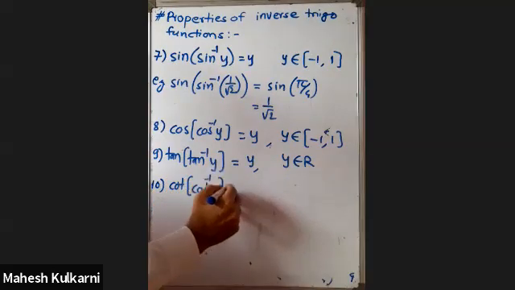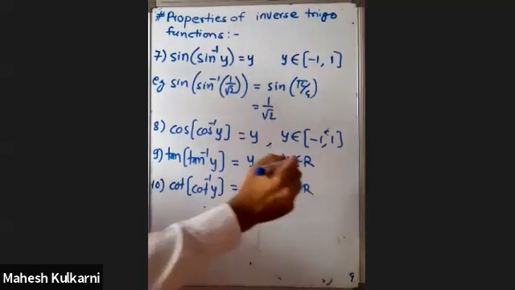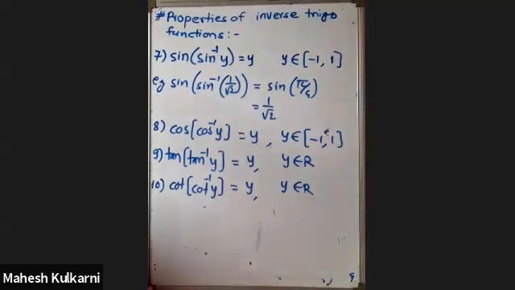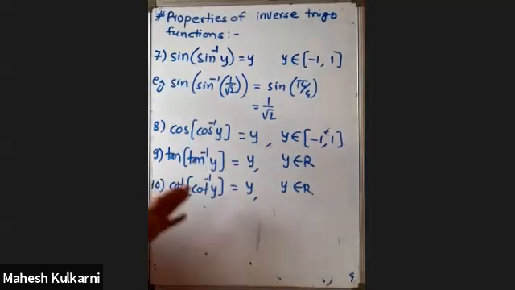Cot of cot inverse y is y, where y belongs to R. Sine of sine inverse, cos of cos inverse, tan of tan inverse, cot of cot inverse.